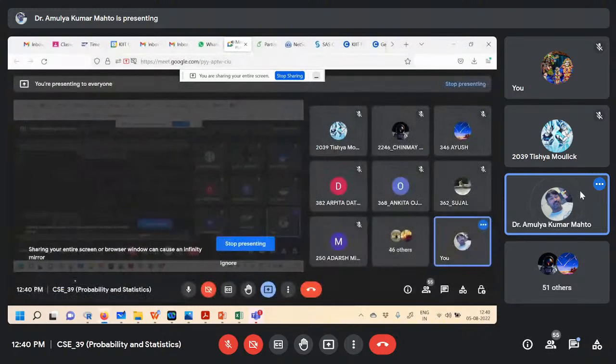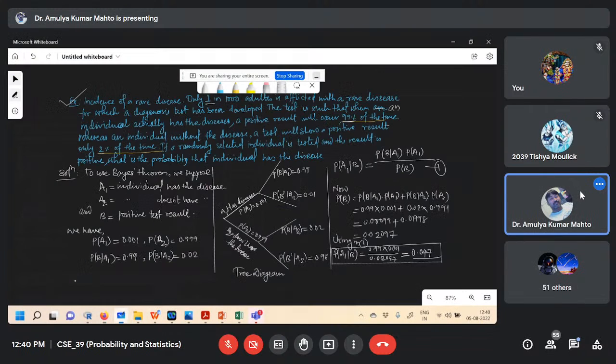Got it? Then I am considering another event B, and B is saying that the test result is positive. So positive test result.